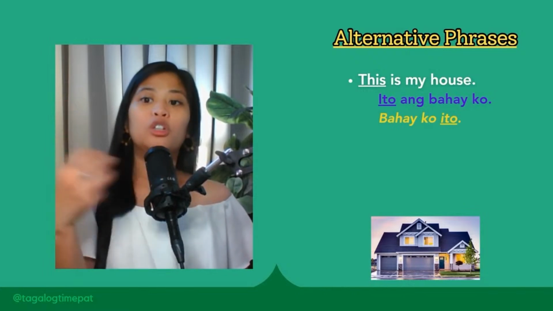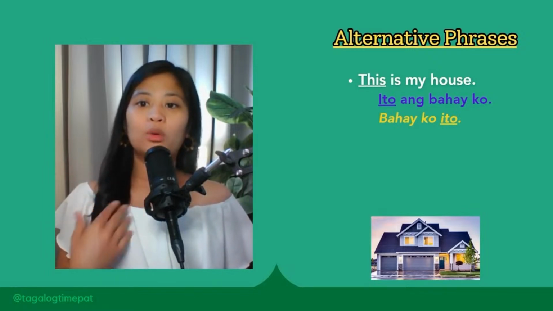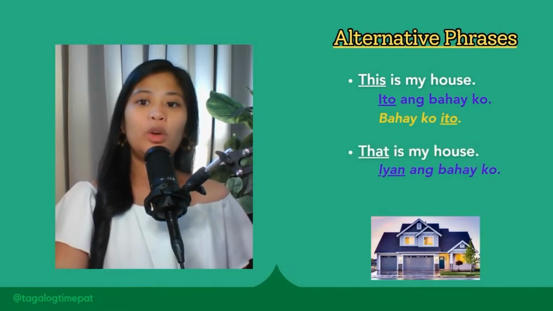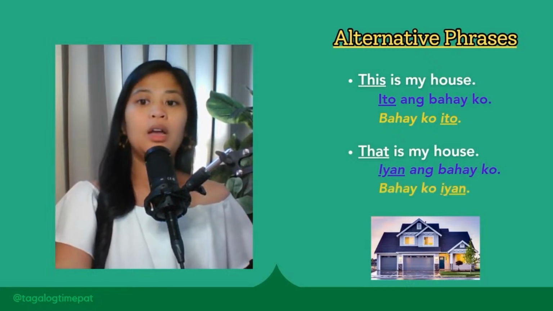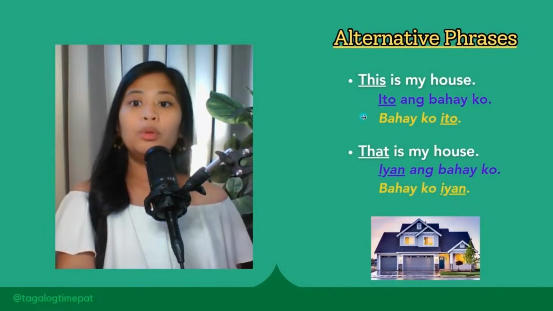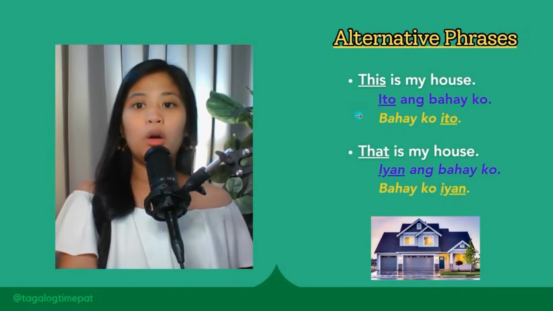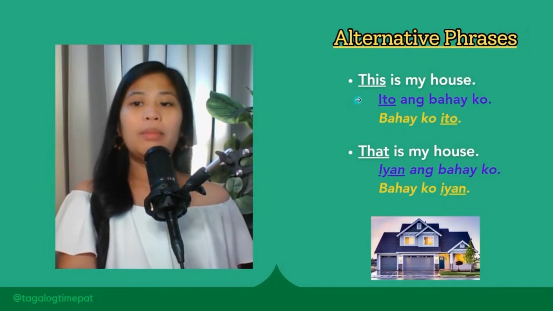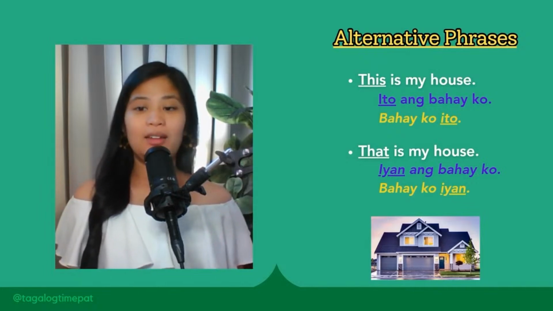It's just kind of included in that phrase already. Same with that is my house. We learned iyan ang bahay ko, but you could also hear bahay ko yan. Bahay ko iyan. Both forms of these phrases are correct. There's not one wrong way to say it. Ito ang bahay ko might be a little bit formal, but it's said just as much as bahay ko ito.